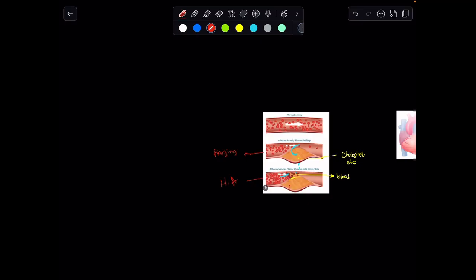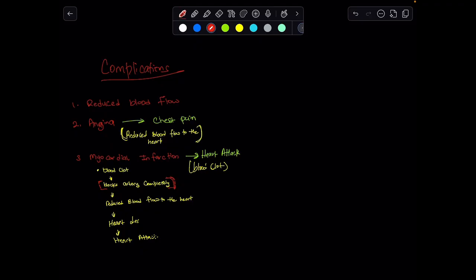So we know narrowing, let's go over it. Narrowing and plaque cause reduced blood flow. We know reduced blood flow causes angina because when you're working out or doing activity, let me put a note right here so that you guys don't misinterpret that.